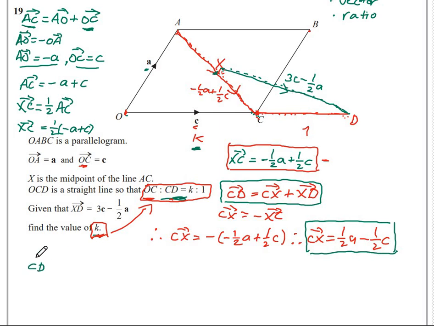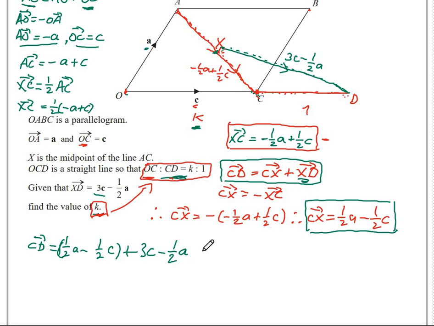CD equals CX, which is half A minus half C, plus XD, and XD we're given already, which is 3C minus half A. And that simplifies to, we have half A minus half A, so that cancels out, and then we're left with half C plus 3C, so that gives us 5 over 2 C. So CD equals 5 over 2 C. Alright, so I'm going to put that in a box.